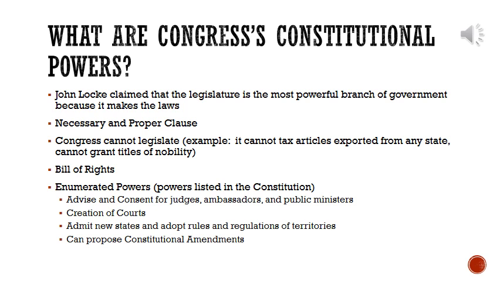Congress is also going to have enumerated powers. These are powers listed in the Constitution. They are actually listed out. So these are things like advise and consent for judges, ambassadors, and public ministers. How that works is that the president will appoint judges, ambassadors to foreign countries, and public ministers like Secretary of State or Secretary of the Treasury, okay, cabinet level members.